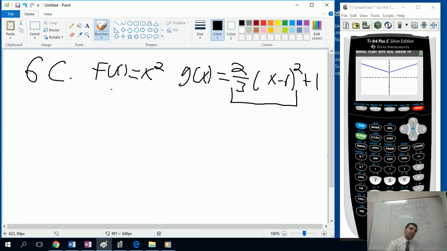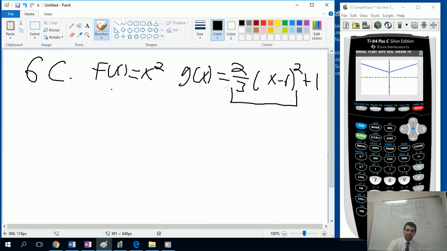So because it's not completely outside of g of x, that 2/3 is going to be a horizontal dilation instead of a vertical dilation. If that 2/3 was a vertical dilation, it would be affecting the entire function, including that plus 1. So anyways, horizontal does the opposite of what you think.